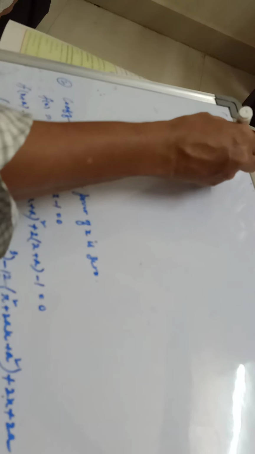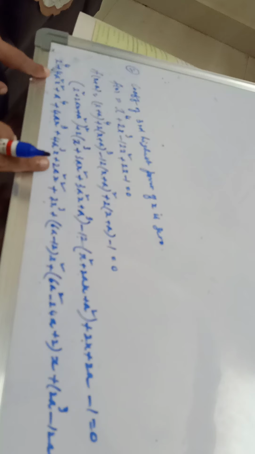From these 2 terms I have taken x cube common. Now x square: this is an x square term, this is an x square term, so 4a square plus 2a square is 6a square, 6a square plus 6a minus 12 into x square. So this is the x square term here.